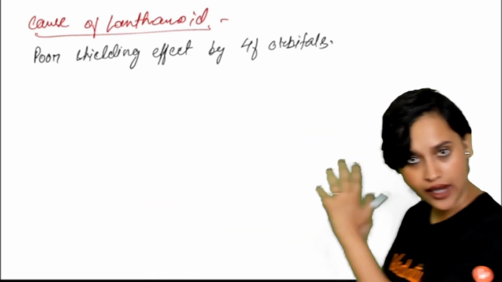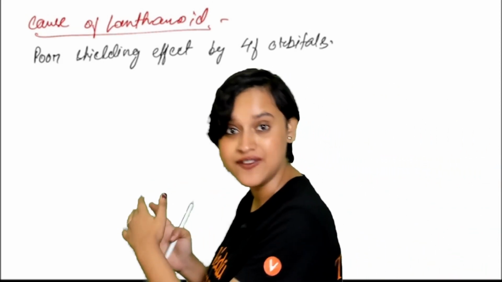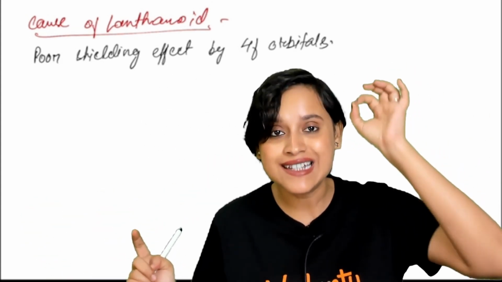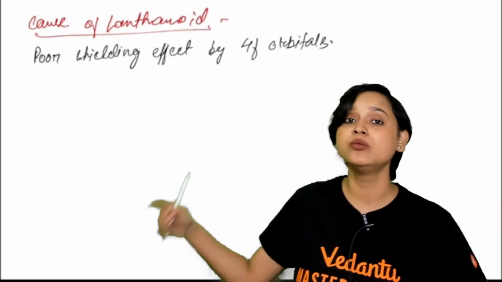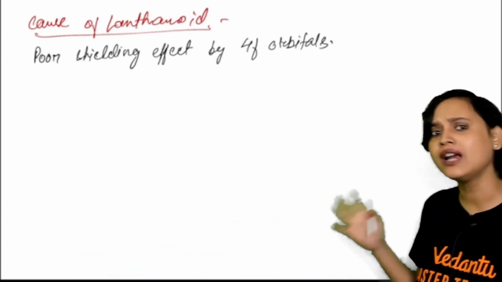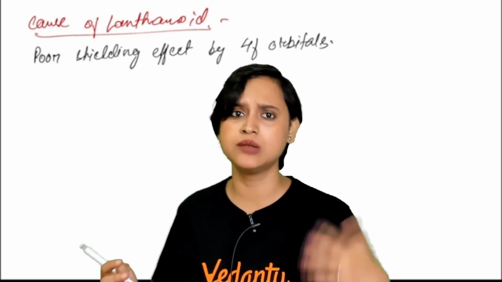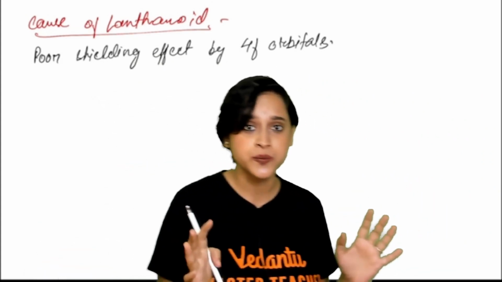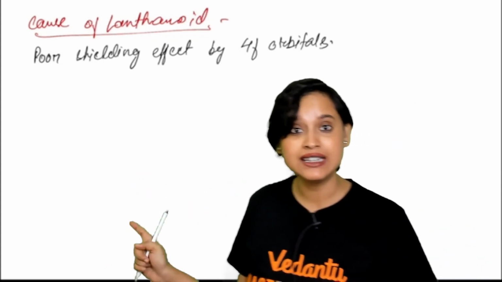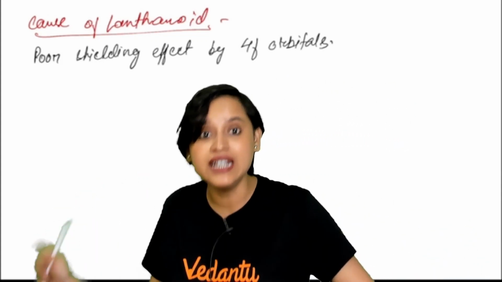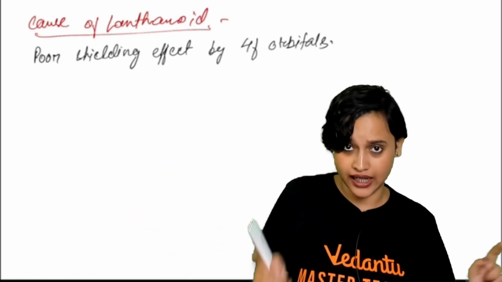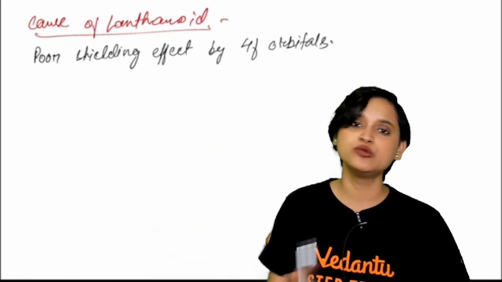All the elements in the 4f series, if you remember, at the start of the session I told you that they all belong to group 3. When you look at the periodic table you might think, how is that possible, they all belong to different groups. No, like I said, if lanthanum is the leader, the prime minister, and lanthanum belongs to group 3, all the other elements also belong to group 3.